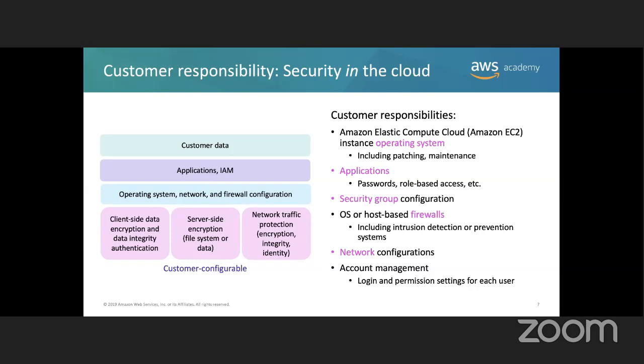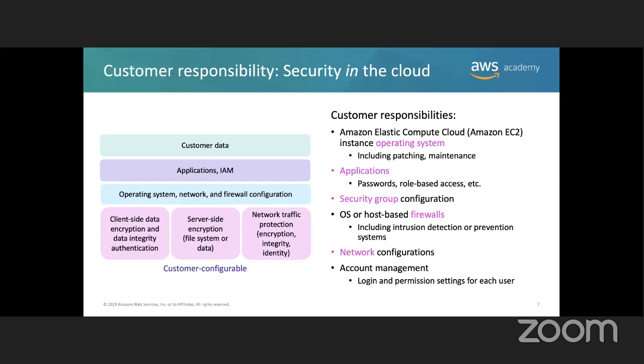Okay? Role-based access, when you create a role, right, for a Lambda function to access an S3 bucket, that's your responsibility. You have to create that role. Otherwise, they will not interact with each other. Okay? Security group, you have to create the security groups like we did on Monday. We created an EC2 instance, right? We created it, and then we created the security group, right?